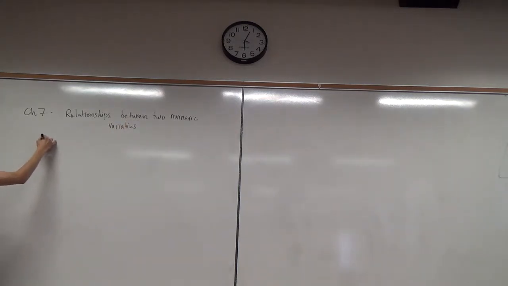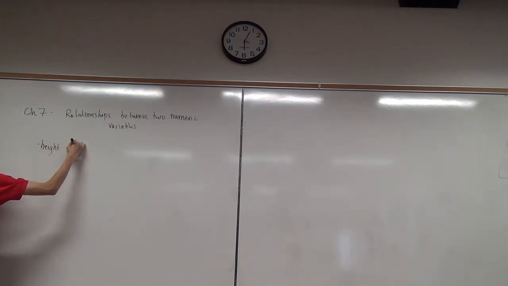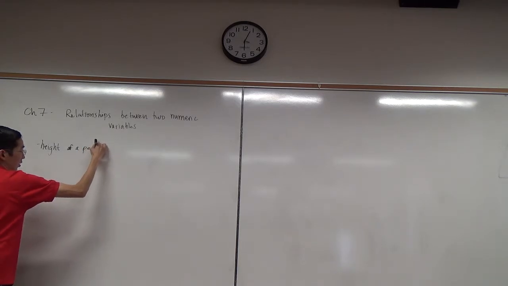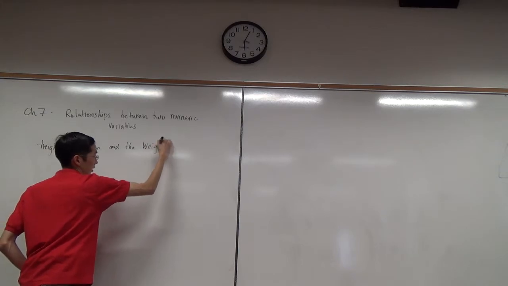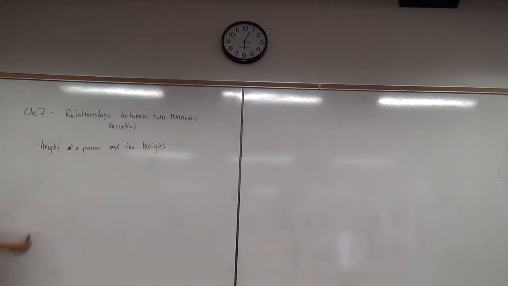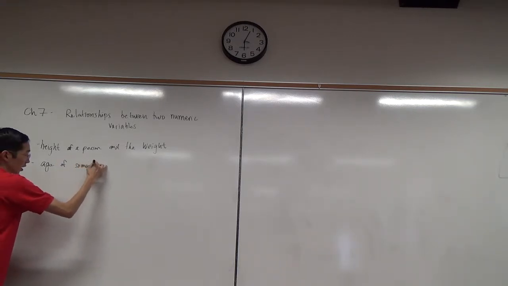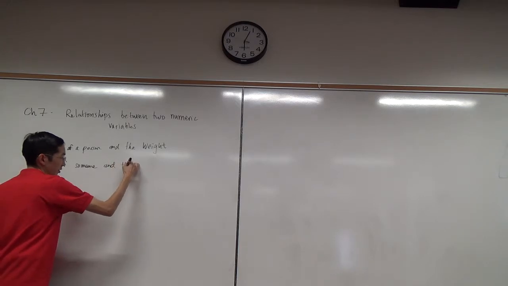So we might look at the relationship between the height of a person and the weight of this person. We might look to see if there's a relationship between the age of someone and the age of the spouse.